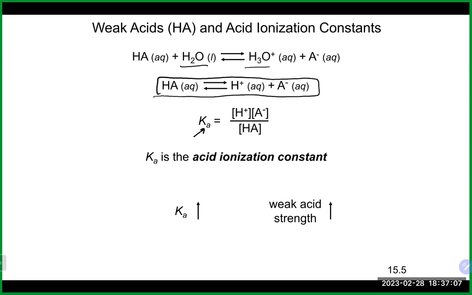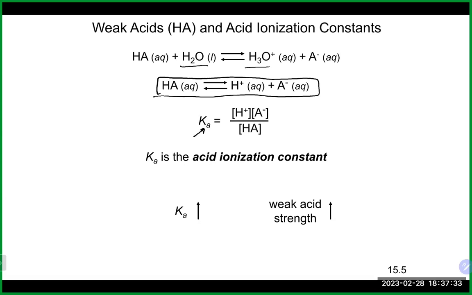So Ka value added to our ever-growing list of K values: Kc, Kp, Kw, Ka. We're not even halfway through, I think, but we'll have more Ks as we go through it. But Ka is for our weak acid. A Ka value that is large indicates that the weak acid strength increases with Ka value.